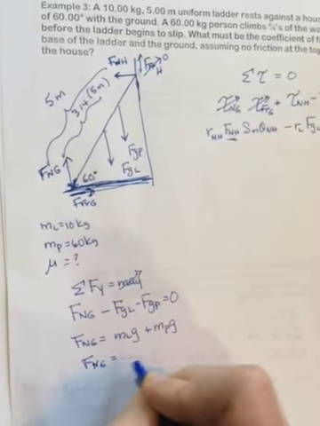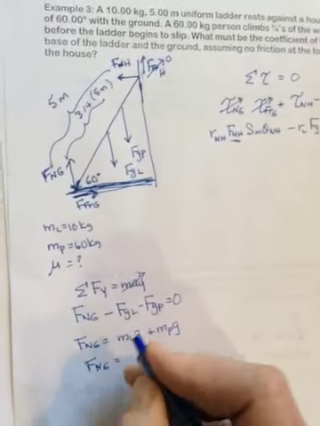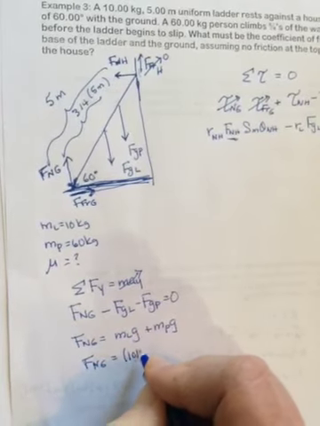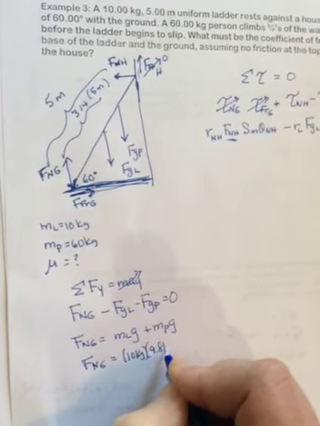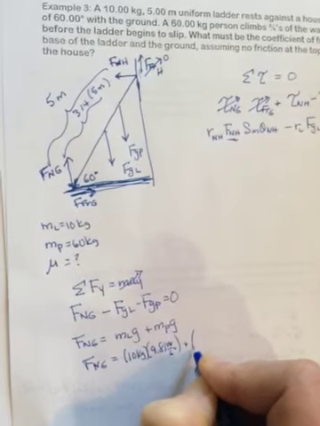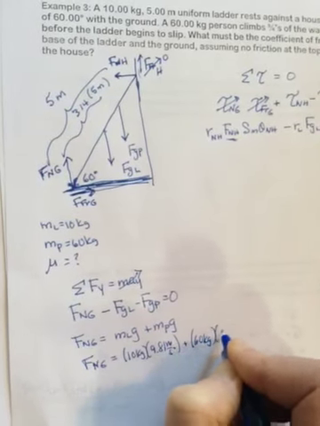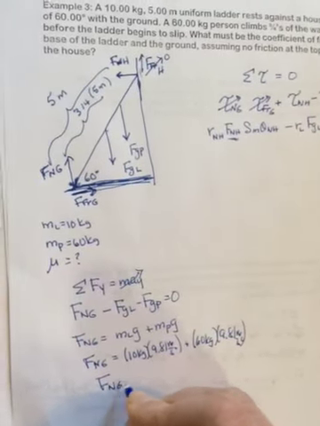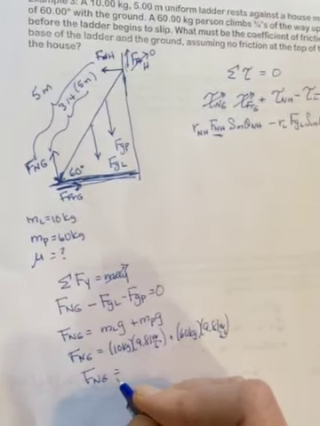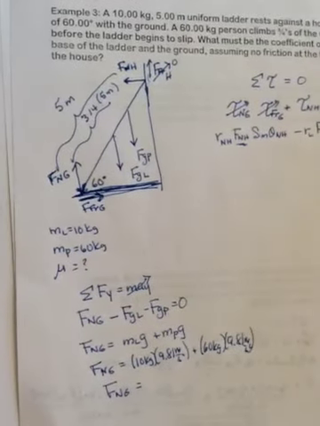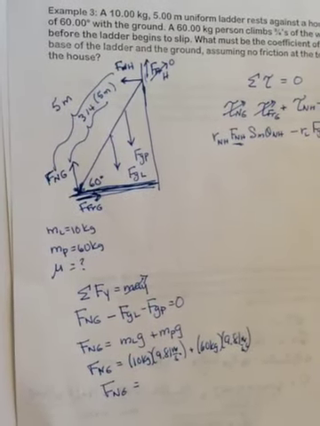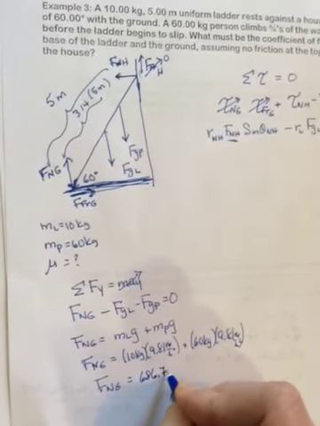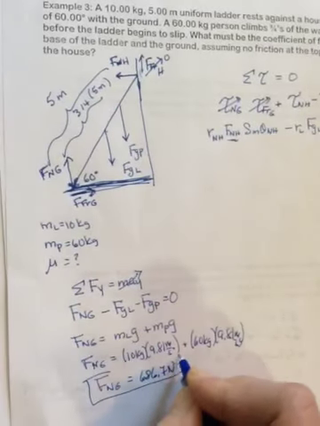Because we're looking for friction of the ground, and so coefficient, so usually we need the normal. So ladder is 10 kilograms, 9.81 meters per second squared, plus 60 kilograms, 9.81 meters per second squared. And so we get an F normal of the ground to be 70 times 9.81, 686.7 newtons. Okay, so we have our normal of the ground.